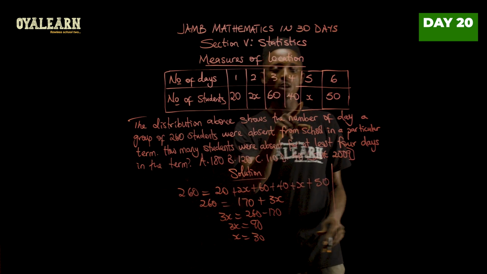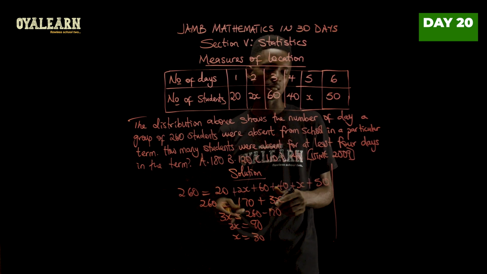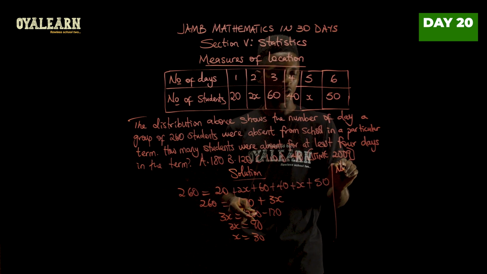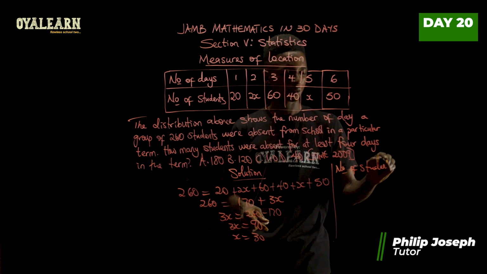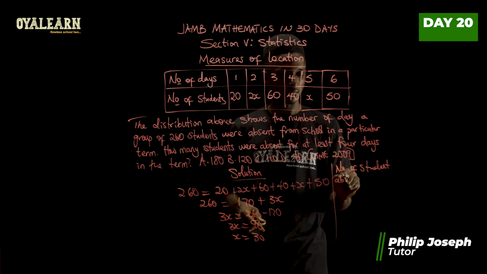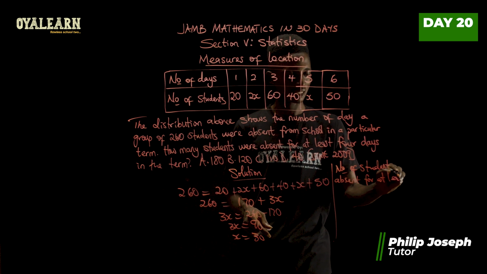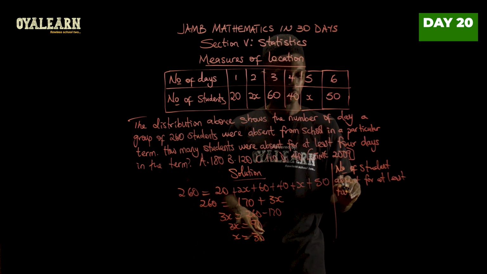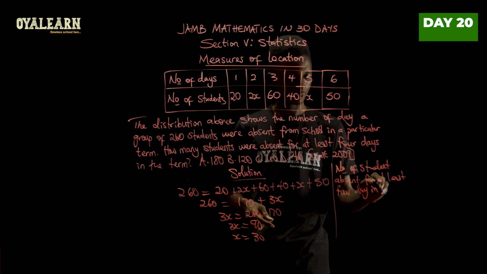So now that we have the value of x, let's then find the number of students absent for at least 4 days in the term.